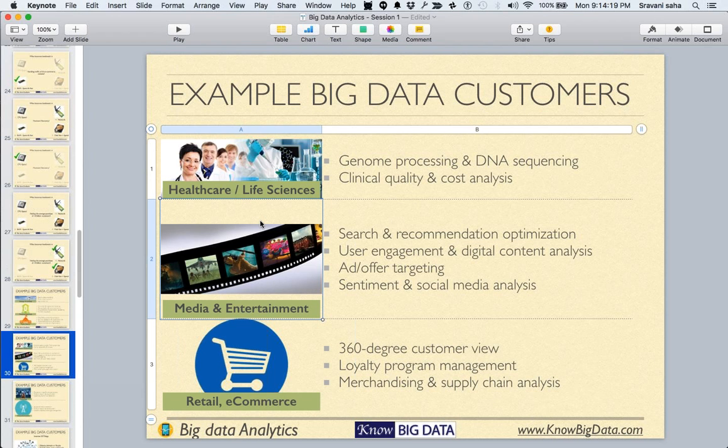All right. The next is media and entertainment, starting with search and recommendation optimization, user engagement and digital content analysis, along with ad targeting and offer targeting. If we can target an ad correctly, it will be as good as a recommendation.